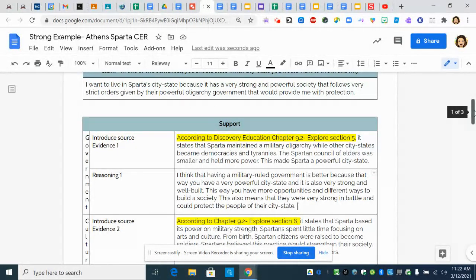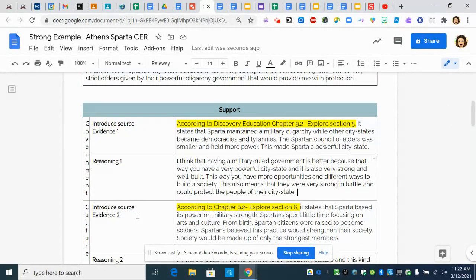One thing I wanted to show you though is in the next source for evidence, this student just writes, according to chapter 9.2, explore section 6. That's okay to do that. You don't always have to rewrite Discovery Education because it was written the first time, I know what the student is referring to. However, if you are referring to an entirely different resource, you have to effectively cite that or write it appropriately, including what is in the rubric.